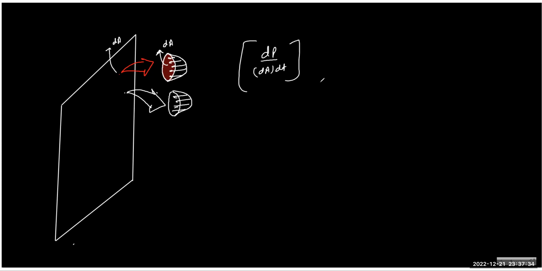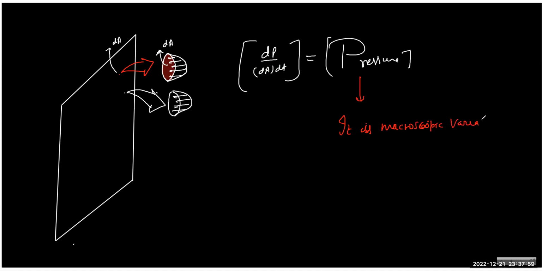And because this is the same for every elementary area, we wanted to define this as a characteristic. See, we are just trying to create a macro variable. So what is pressure? It is a macroscopic variable. Macro, not micro.